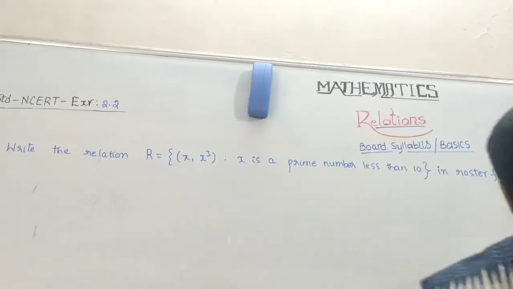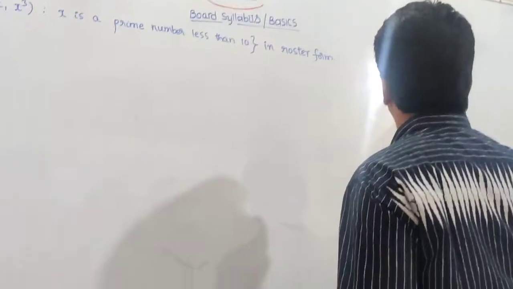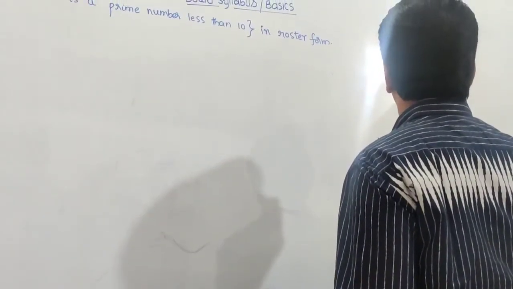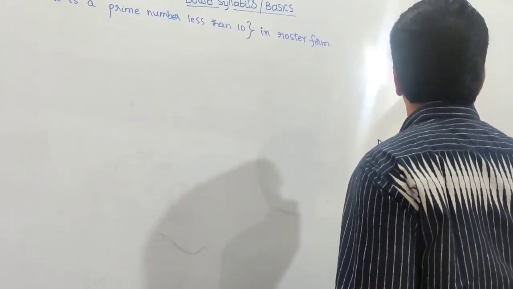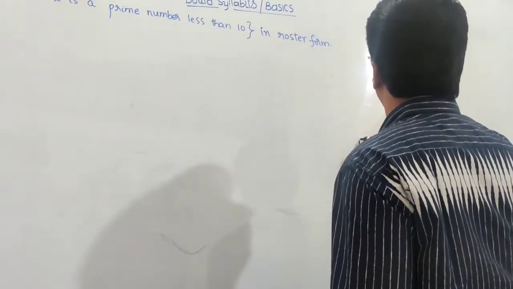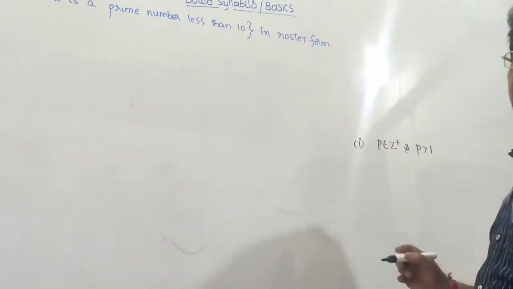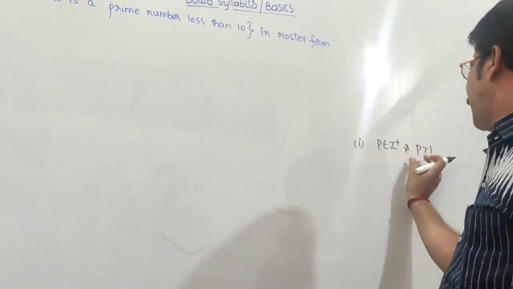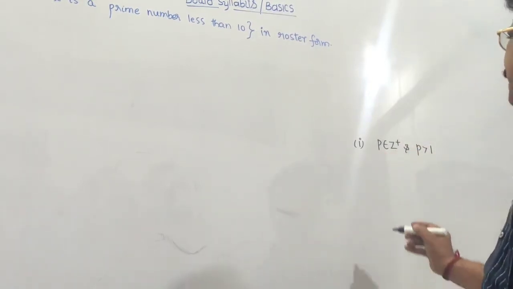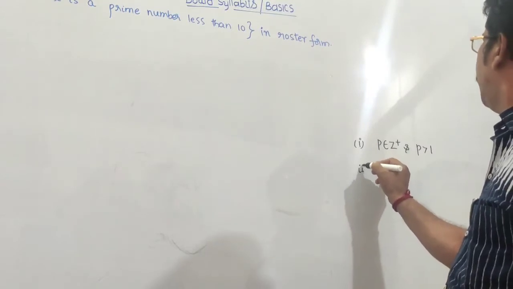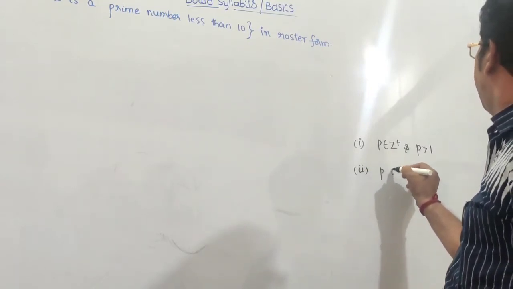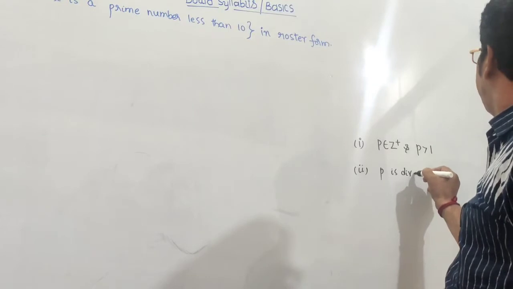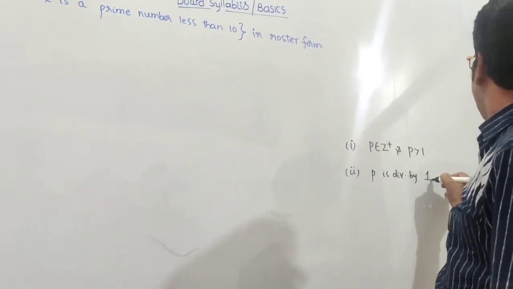Here, first point, P belongs to Z plus and P should be greater than 1. Capital P is a number, so that P belongs to Z plus and P is greater than 1. Second, P is divisible by 1.